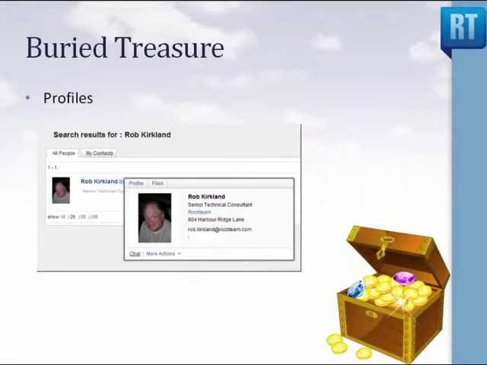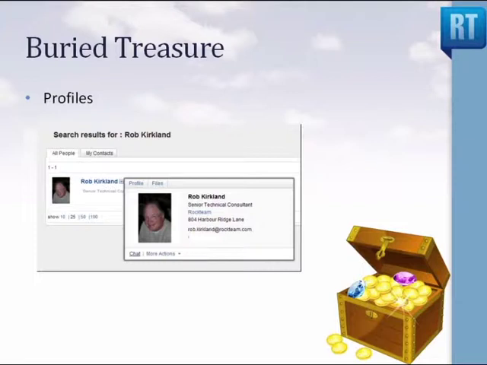If you have a problem that you are scratching your head trying to solve, there's a good chance that someone else in your organization has already solved that problem or has the knowledge and the expertise to help you get that problem solved. Where is that person? Profiles will help you find that person.